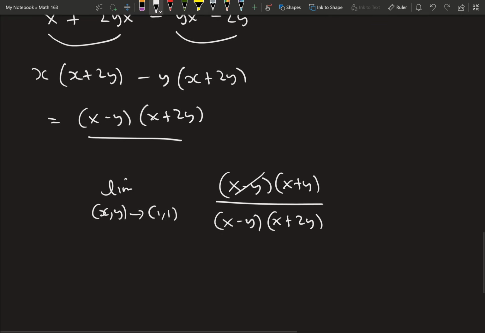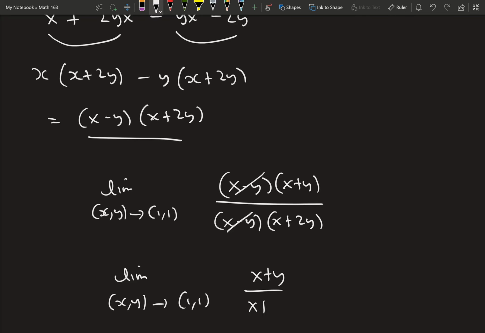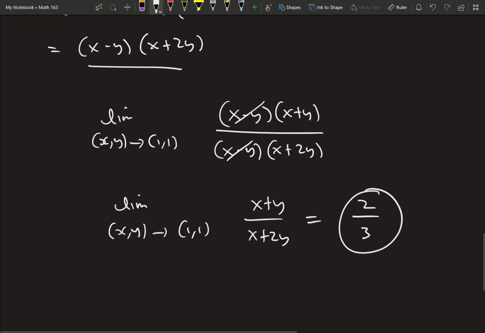And now you can see that these x minus y's can cancel, and we have the limit of xy going to the point 1, 1 of x plus y over x plus 2y, and now we can just directly plug in to get 2 divided by 3. So this is the method of factoring, and it is a useful method, and it does work out in some cases. So let me leave you here with a little exercise to try.